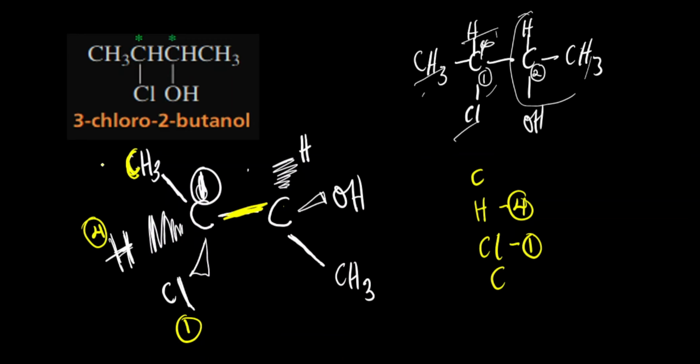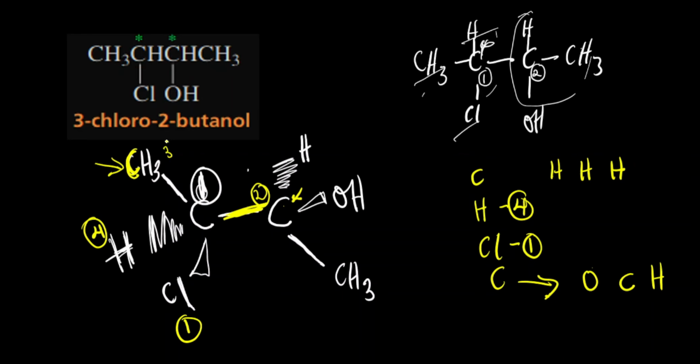This carbon is directly attached to a hydrogen, a hydrogen, and a hydrogen, while the other carbon is directly attached to an oxygen from the hydroxyl, a carbon, and a hydrogen. Now let's break the tie: this carbon wins over hydrogen.